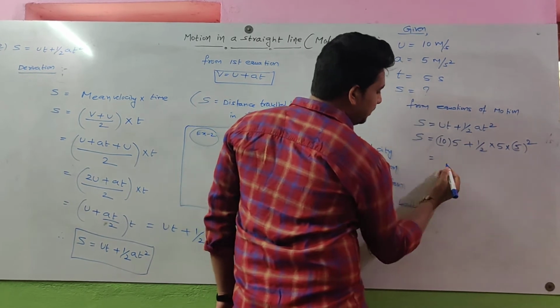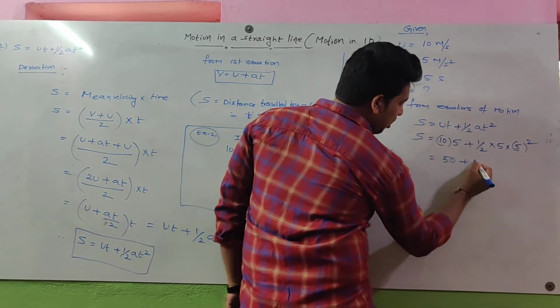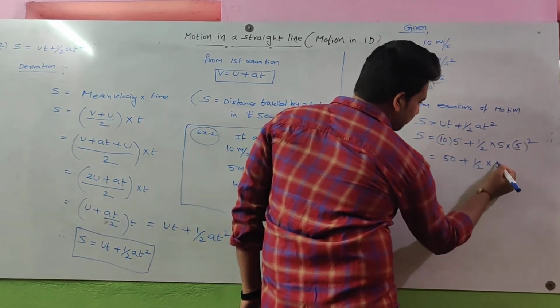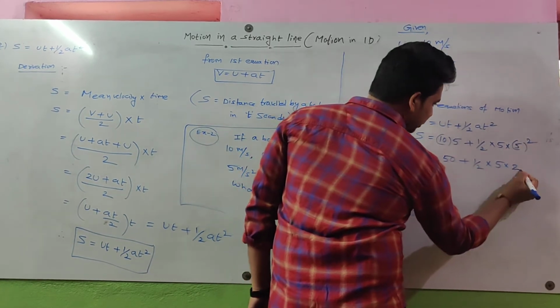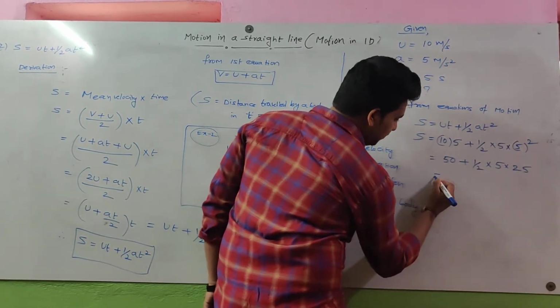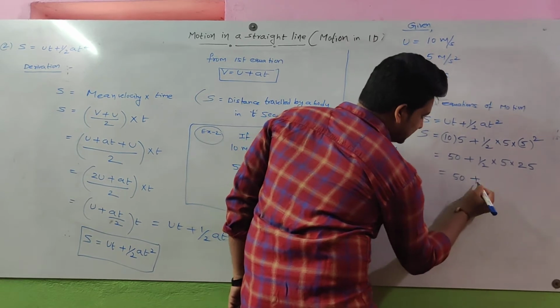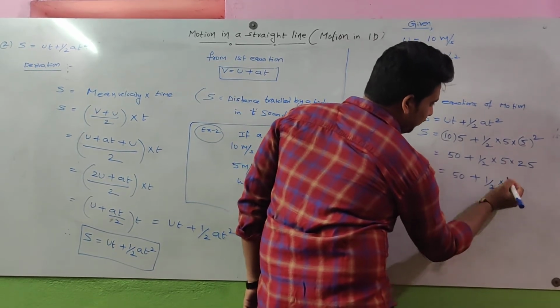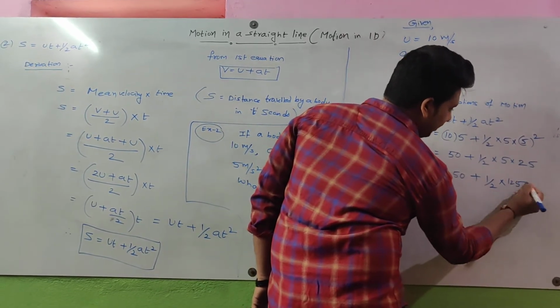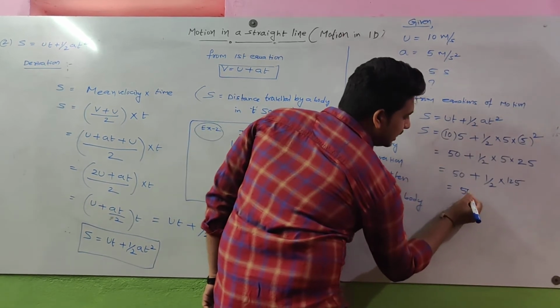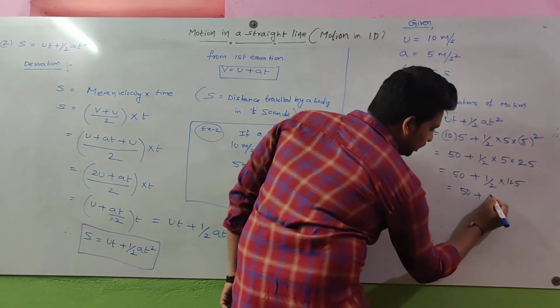When we apply that, 5 into 10 is 50, plus half into 5 into 5 square, which means 25. So we got 50 plus 1 by 2 into 125.